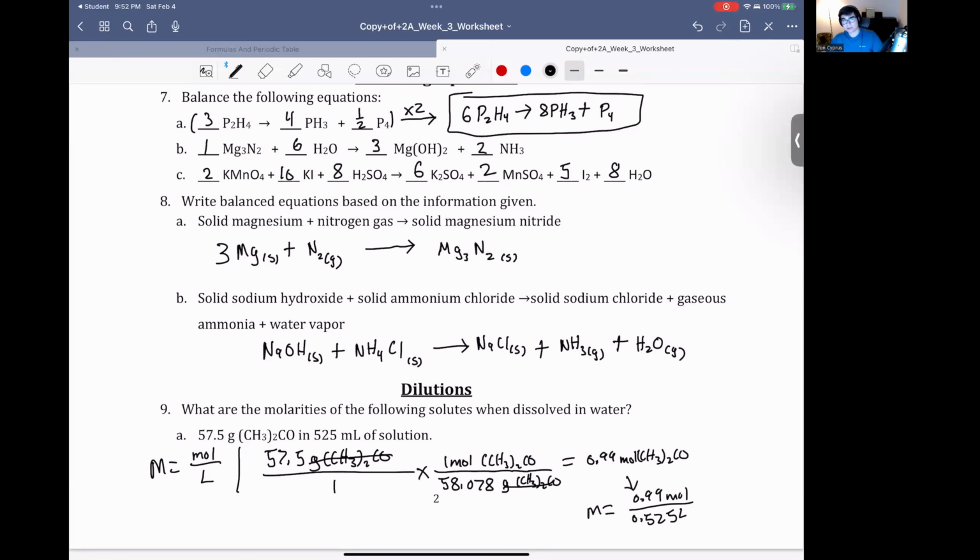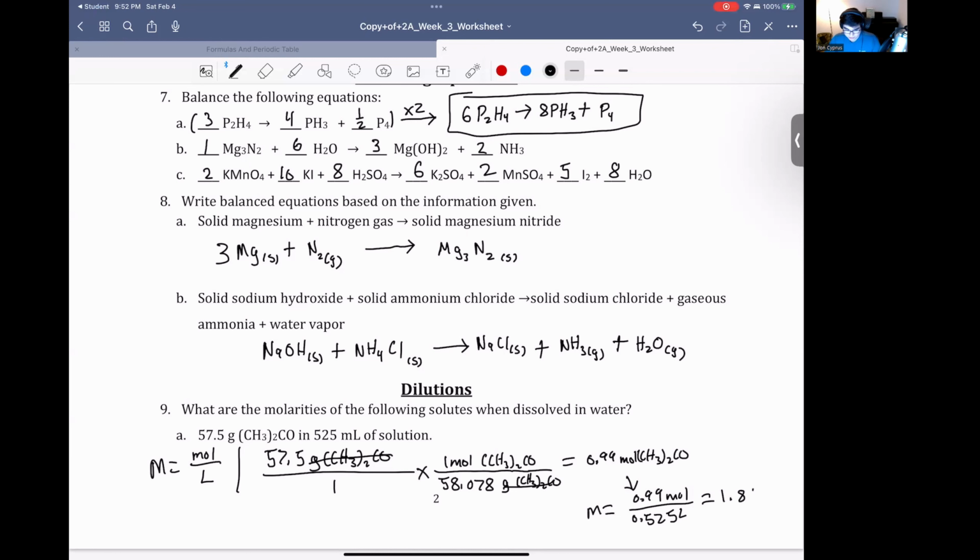So if you're just doing this in horizontal multiplication, your final unit, you're going to want it in moles over liters, right? That is the unit of molarity. So you could keep multiplying and then put 1 over liters for the next step, so you would multiply by 1 over 0.525 liters, or you can plug into the formula. It's whatever your preference is. So I'm going to go ahead and plug this in here. This ends up being 1.8.